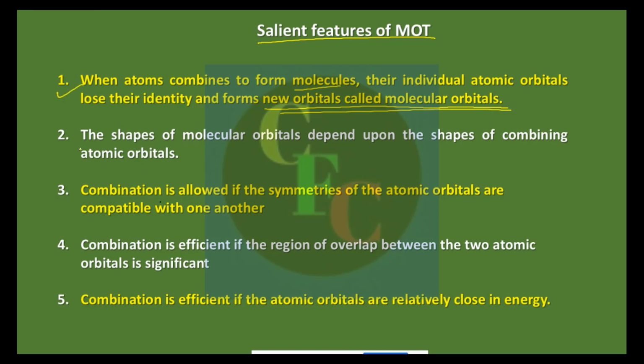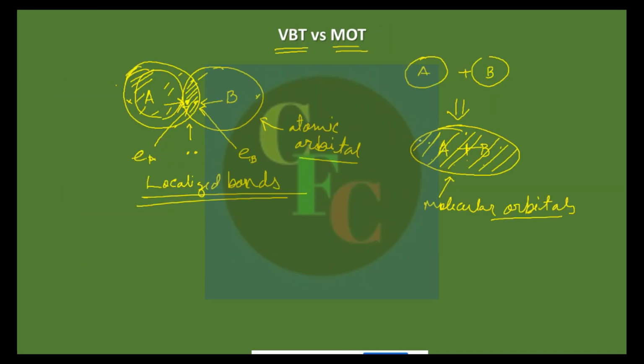Second point is the shapes of molecular orbitals depend on the shapes of the combining atomic orbitals. This is important. Here I have arbitrarily drawn this: the two spheres are mixing up to form a bond, giving an electron density which is highest in between the two nuclei.